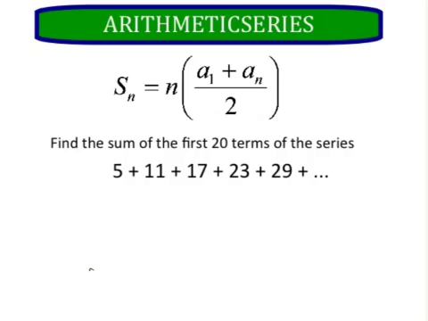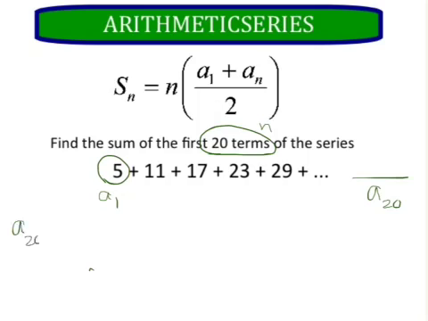So let's try another one. Now I'm going to find the sum of the first 20 terms. That's n. Here's my first term, but I need to find my 20th term. That's my last term in my list if I were going to add them up in my calculator. So the 20th term, A20, is equal to, and here I'm going to use that general form again, A1 plus d times n minus 1.